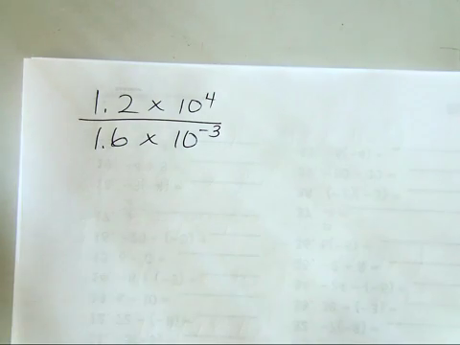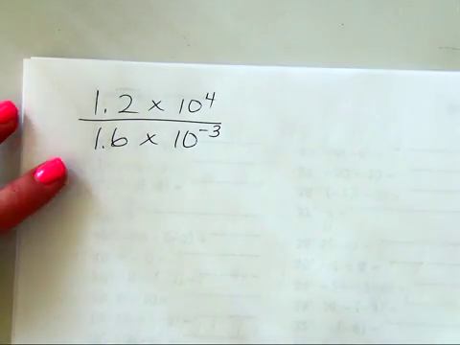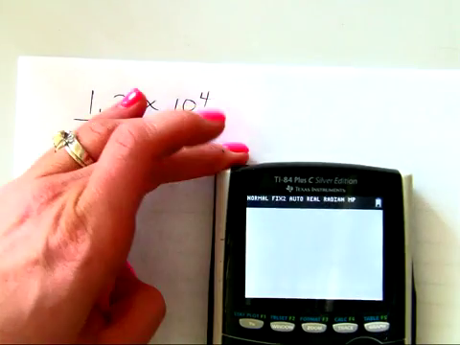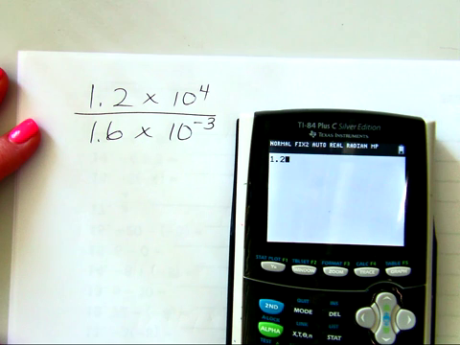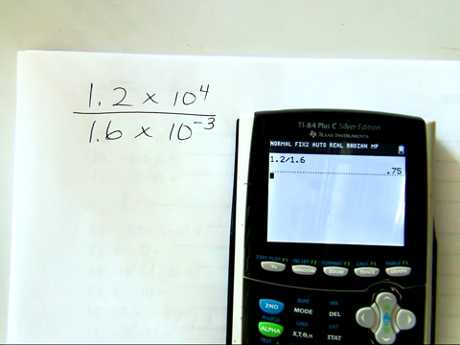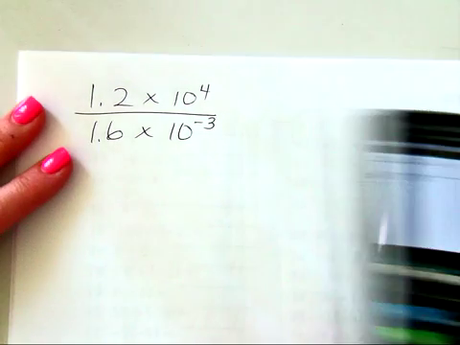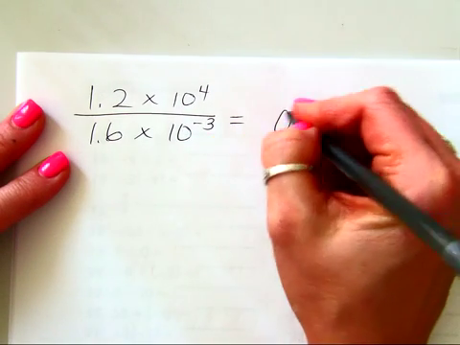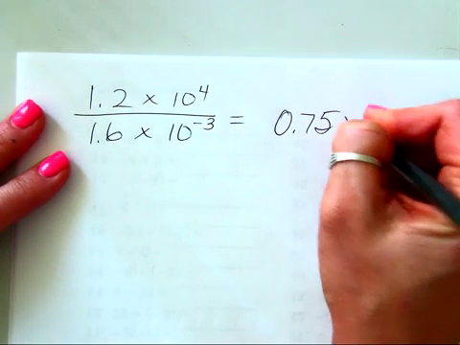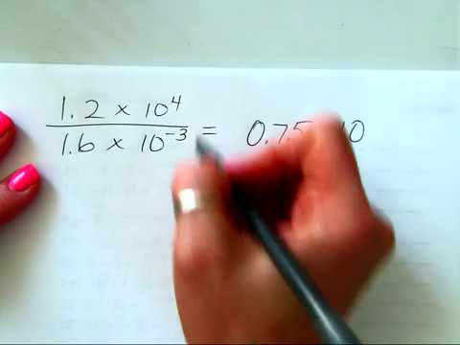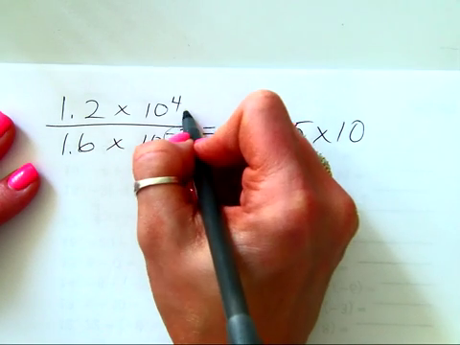Subtract. So this is definitely a calculator lesson. You're just going to grab your calculator and figure out what that is. If you're lucky, it'll work out to be something point something. So this right now is 0.75 times 10 to the, take this up here and add it, right?